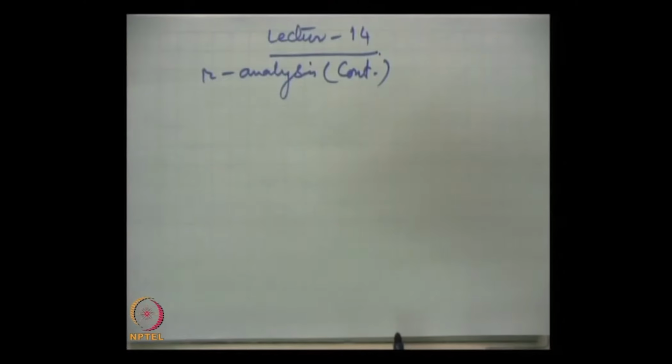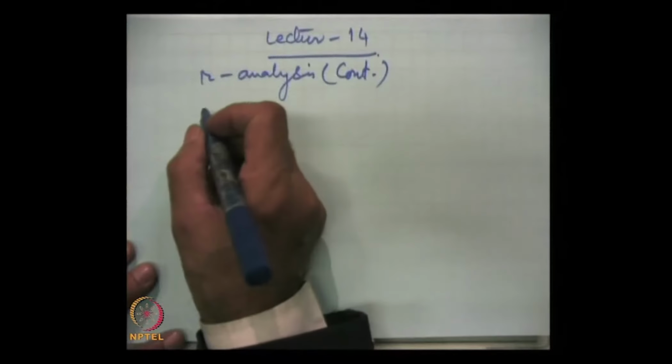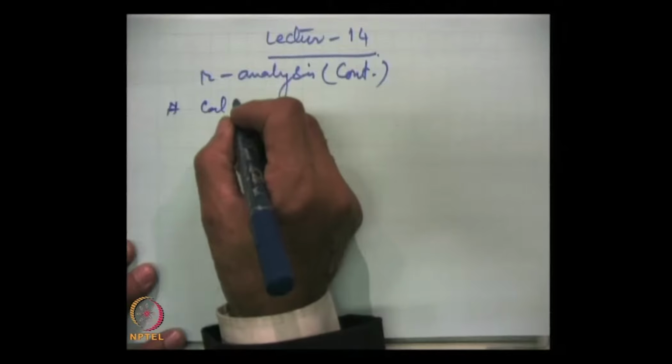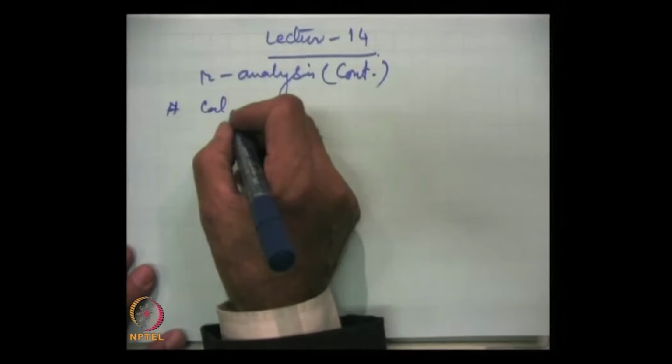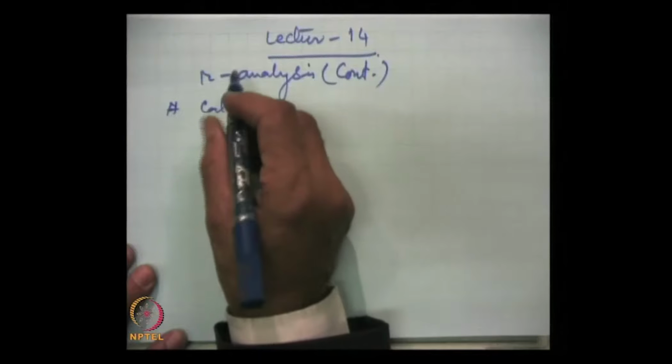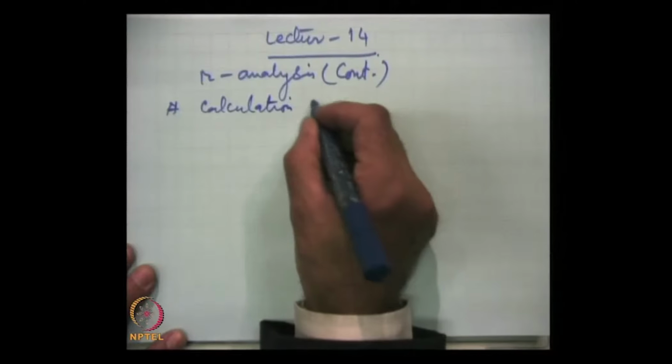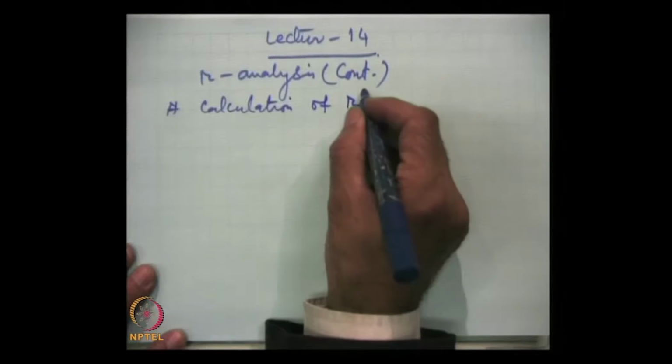Now, we take a few examples. We take one example just to remind how we can calculate the value of dynamic resistance. Now, this is calculation of R e prime.